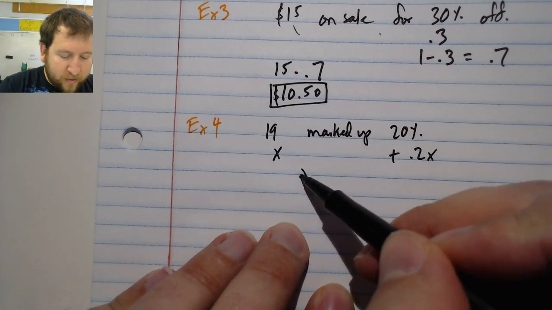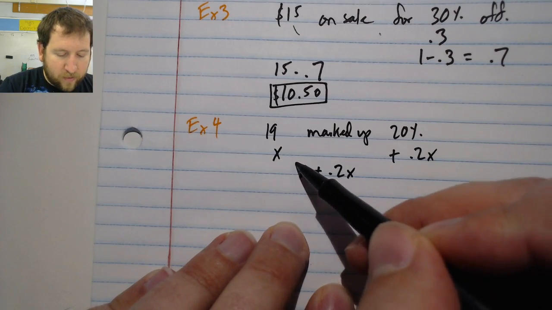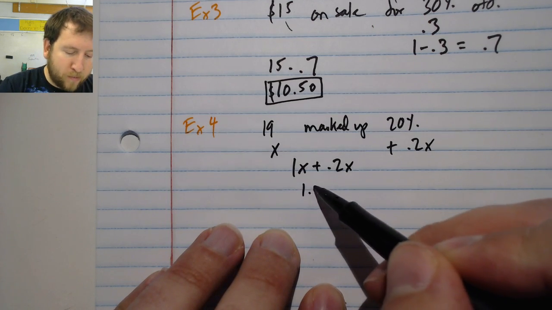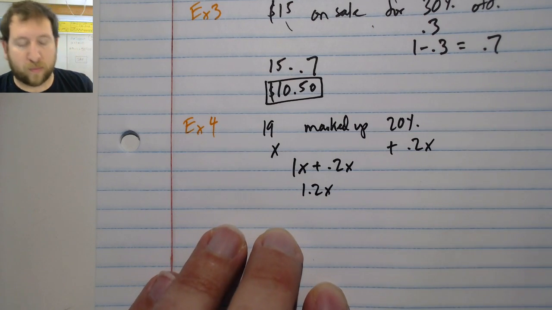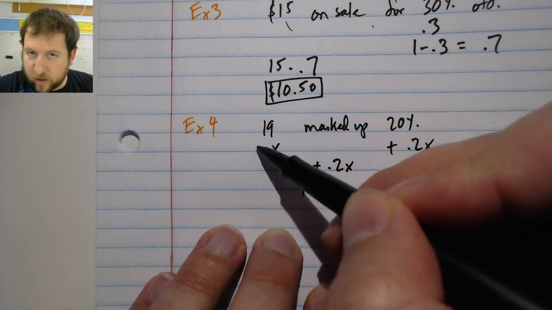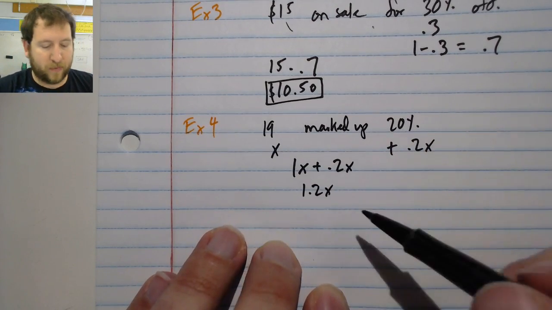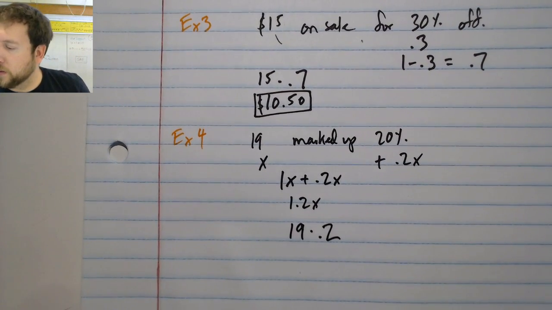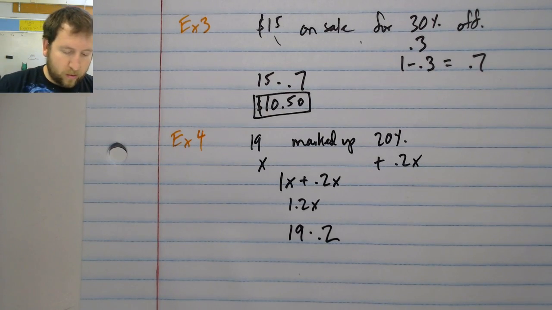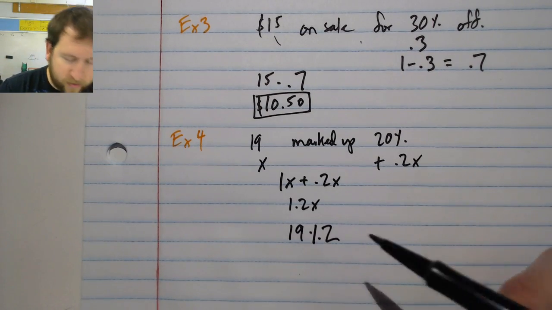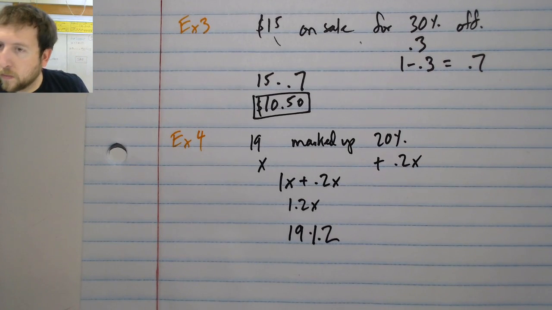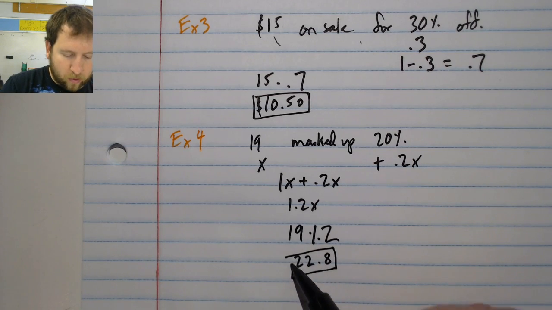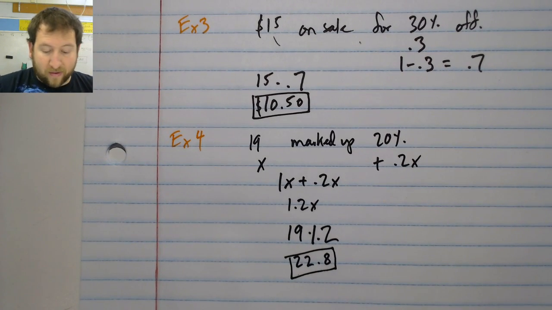And if I write x plus 0.2x, I can write 1x plus 0.2x, which is 1.2x, or 1.2 times the price, because it's 1, which is the original price, plus 20%. So let's see what this total is. 19 times 1.2 is equal to 22.8. And that is not too bad.